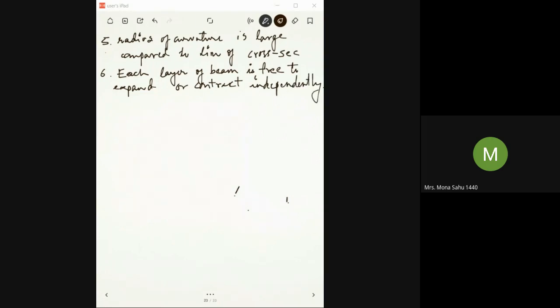Okay, so let me explain. So now the third point is the theory of bending.